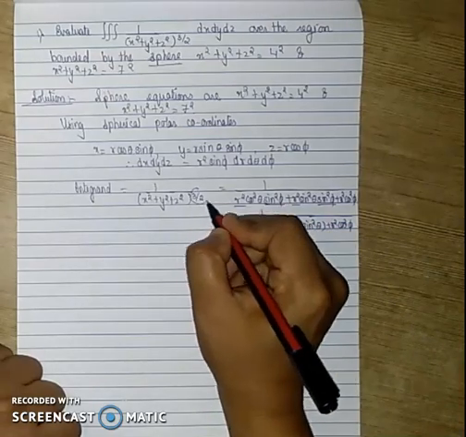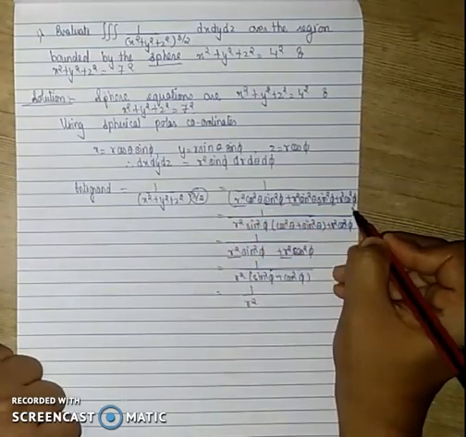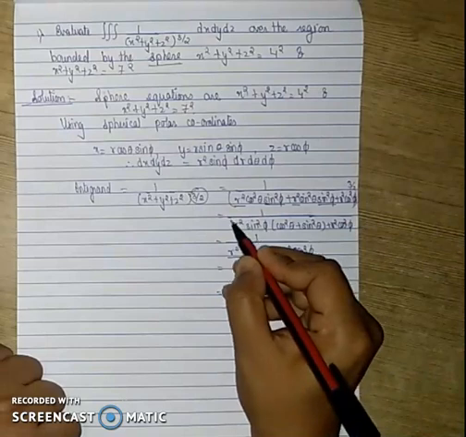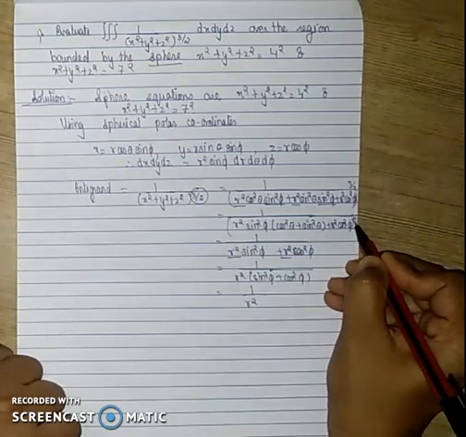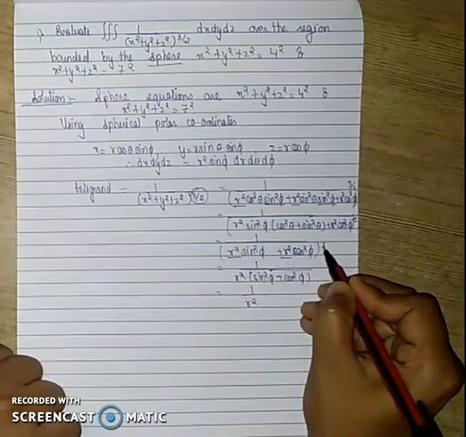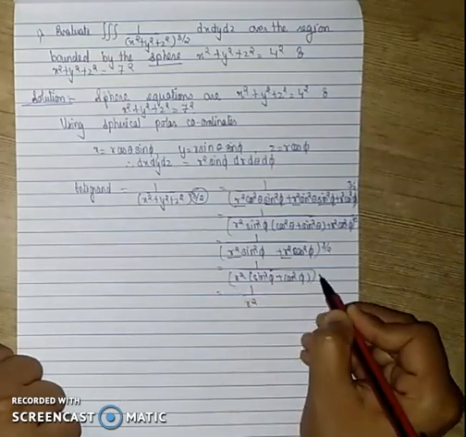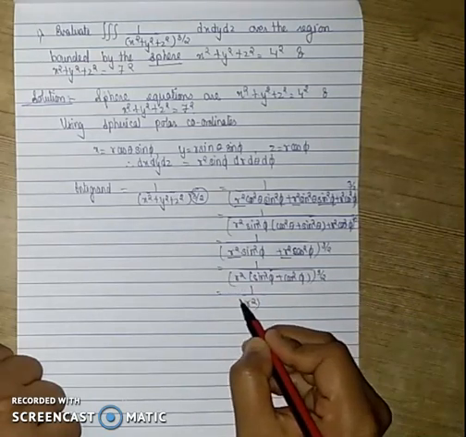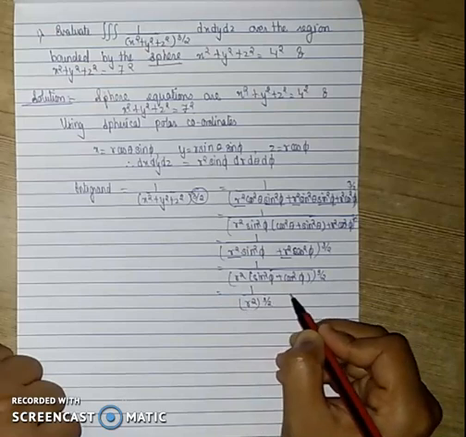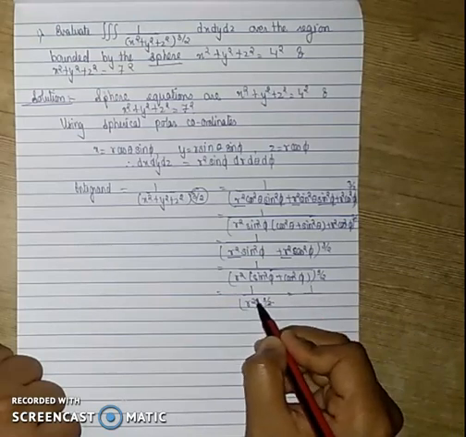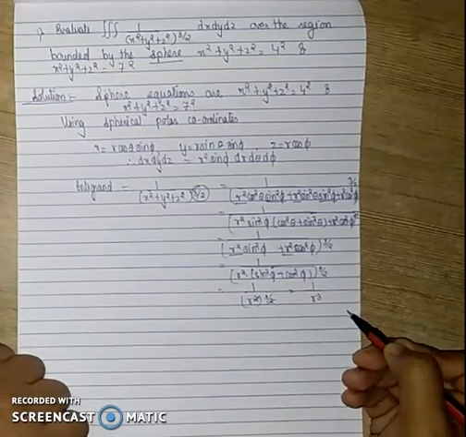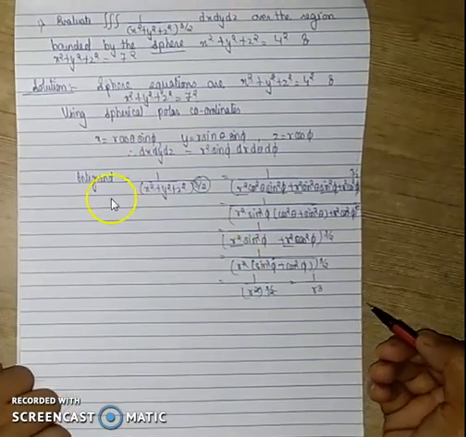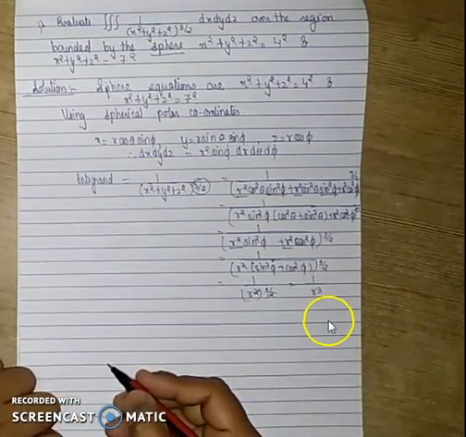Check out, we have missed the 3 by 2 which is there in the power. So we put 3 by 2 on each term. At the end we get power 3 by 2, and the 2 and 2 cancel, so we are left with 1 upon r cube. So my given integrand turns out to be 1 upon r cube.